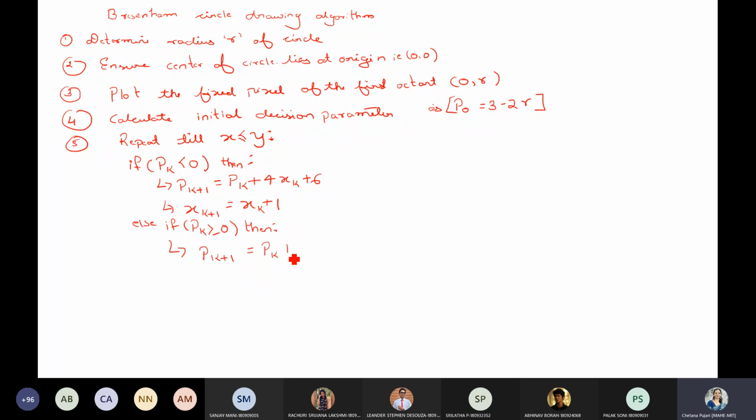So it is pk plus, I'll just take 4 common, 4 into (xk minus yk) plus 10, and xk plus 1 is equal to xk plus 1, and your yk plus 1 is equal to yk minus 1. You are going to decrement your y. So next, whatever point you are getting, you are going to plot it.